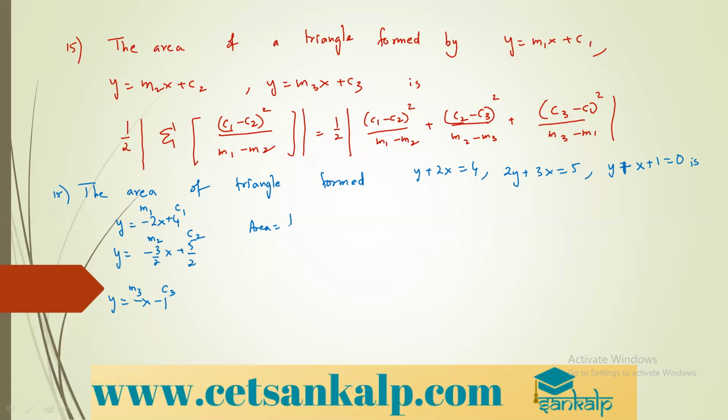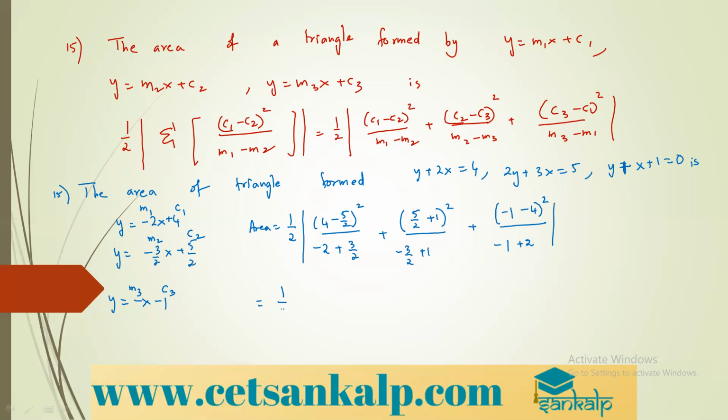So if you want to find area, half into absolute value of (C1 minus C2) whole square by (M1 minus M2) plus (C2 minus C3) whole square by (M2 minus M3) plus (C3 minus C1) whole square by (M3 minus M1).